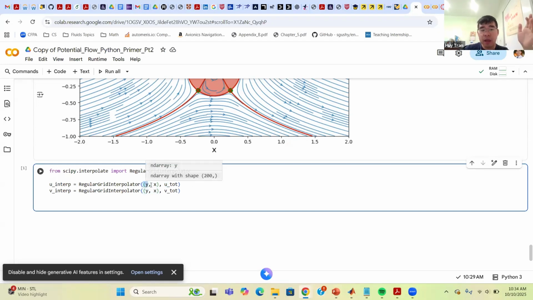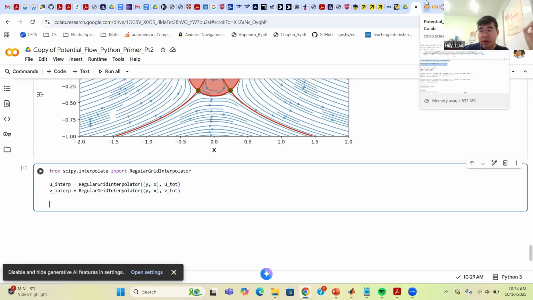I'm going to give you a y value and an x value, and you're going to spit back out the u value of that location. Same for v. We set up the same function for v velocity. So that's what I did there.